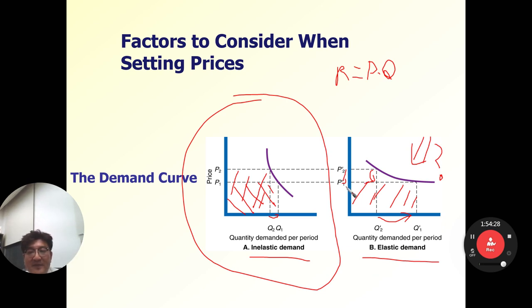Why did I start from P2, not starting from P1? Because I just wanted to hook you. I'm going to try to trap you.